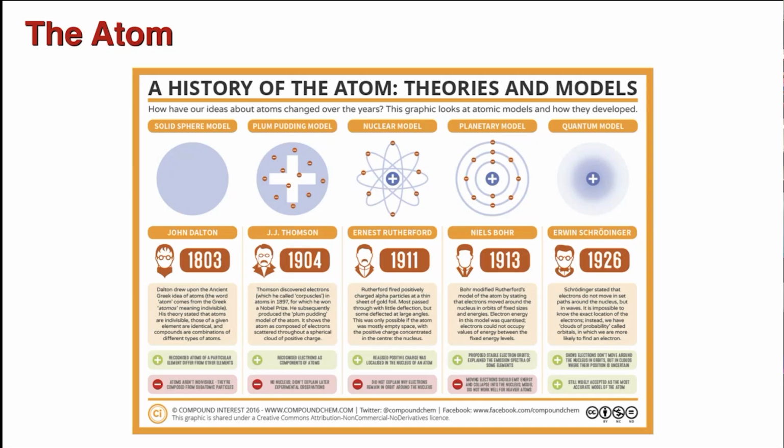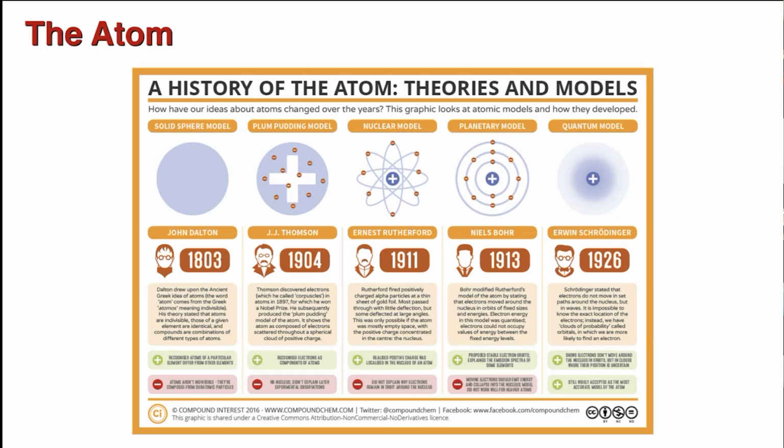Atoms were just a solid ball, considered the most fundamental particle. A hundred years later, J.J. Thomson recognized that these balls had charge, so the bulk of the ball had a positive charge, and there were electrons moving around within that.